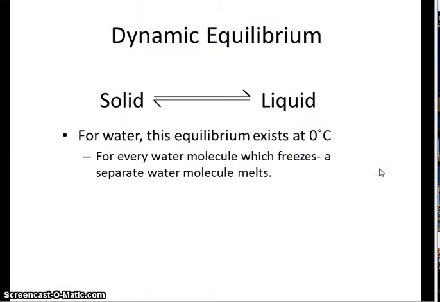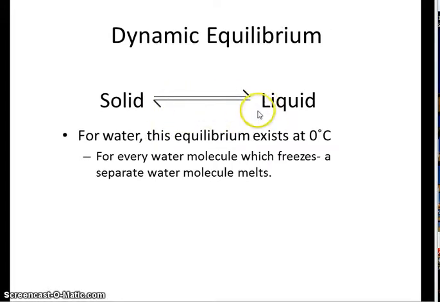So the dynamic equilibrium between solid and liquid water, for water, exists at 0 degrees Celsius. So for every one water molecule which freezes, a separate water molecule melts on average. But I put this without talking about water because it doesn't have to be water. We can talk about any kind of liquid that freezes or becomes liquid.